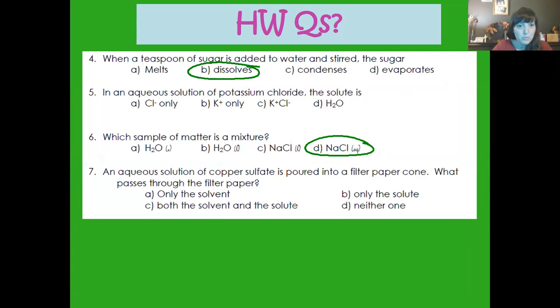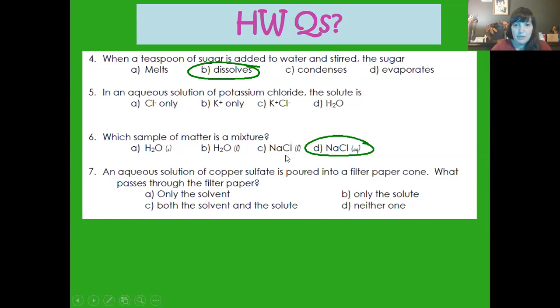Number 6, which sample of matter is a mixture? Well, this is H2O, solid, not a mixture. That's just a pure substance, just pure H2O, one compound. Same with this one, except it's liquid, but it's still just one substance, water. And it is made of 2 elements, but they're in a fixed ratio, chemically bonded together. So that's a compound, a pure substance again.